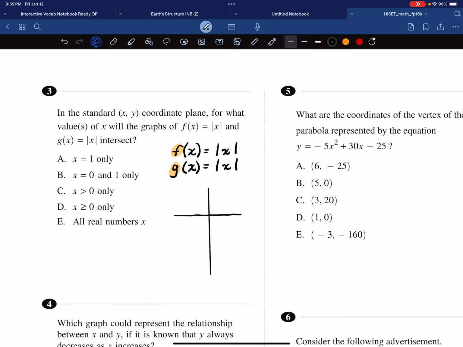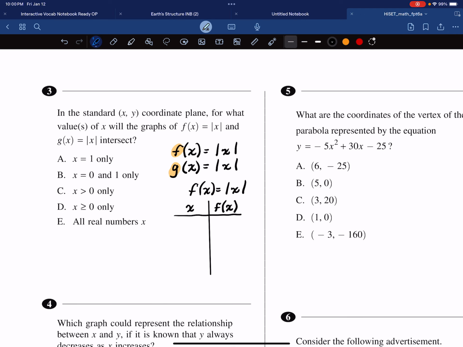Okay, so for f of x, let me just write my function up here. That's something that I've always liked to do. So the function in terms of x is the absolute value of x. So this is going to be the input, and f of x is another way of saying the output.